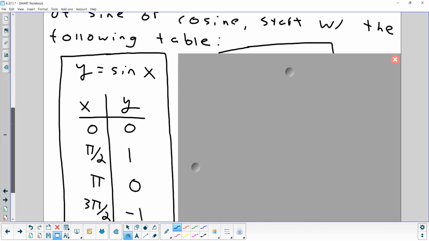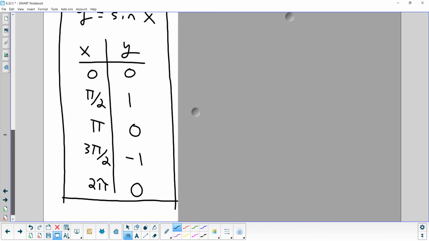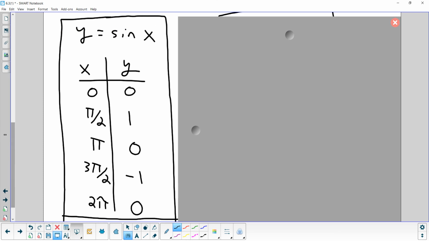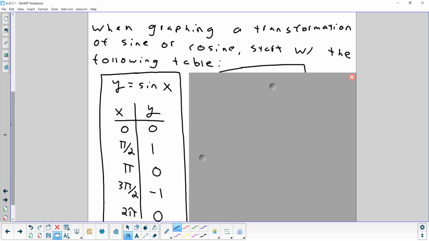Pi, 0. 3 pi over 2, negative 1. And 2 pi, 0. Those are the 5 points in the first positive cycle for sine. So any transformation that we do will be done to those points.